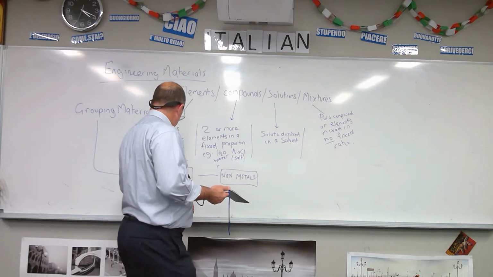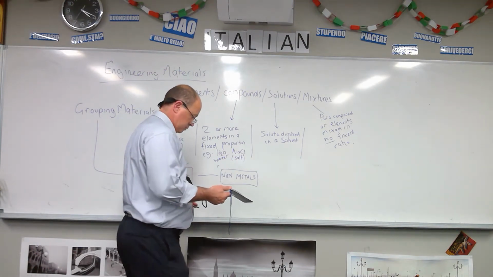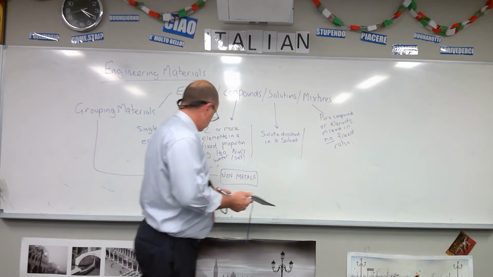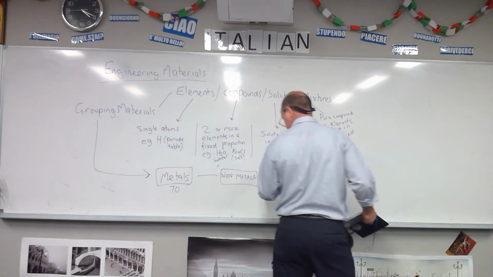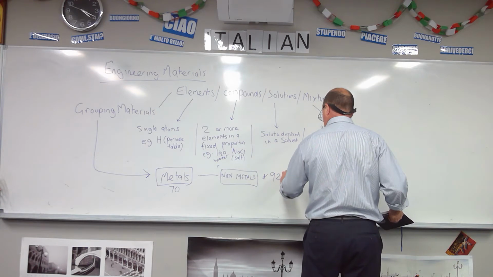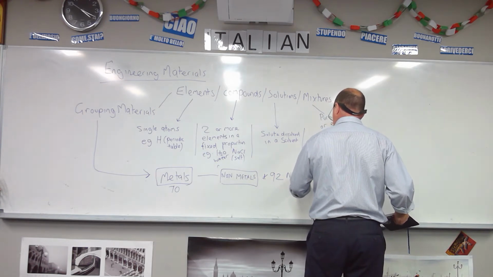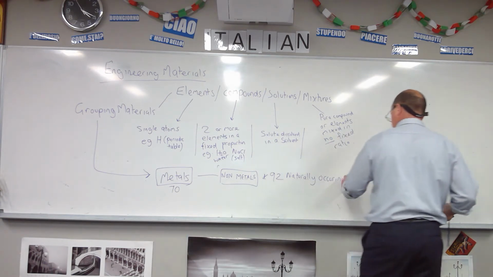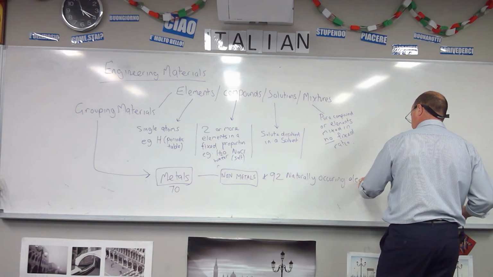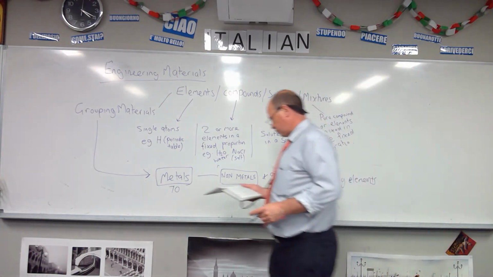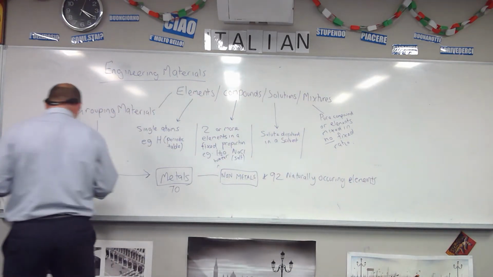And we've got, in the periodic table, we've got 70 metals, and all up with the naturally occurring elements, we've got 92 naturally occurring elements, this is just a little aside here. So there are some of our groupings.